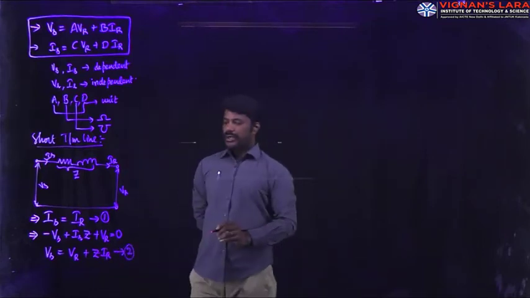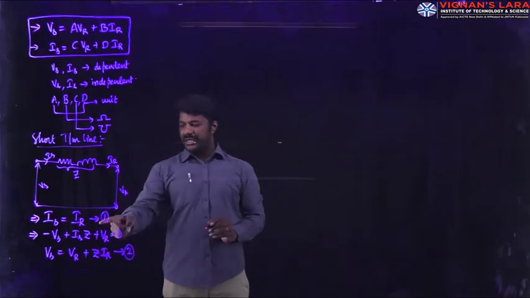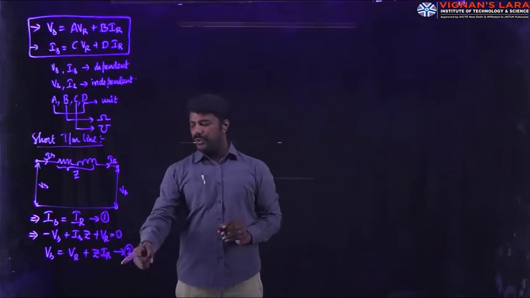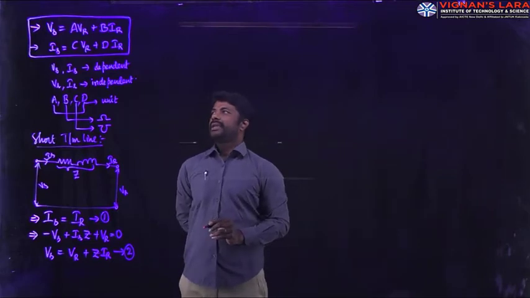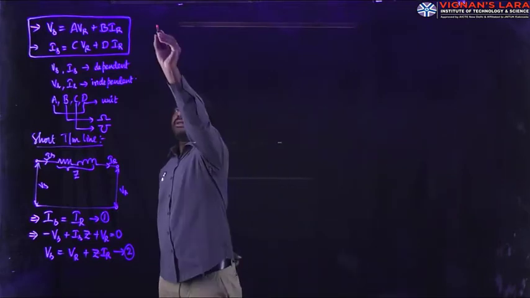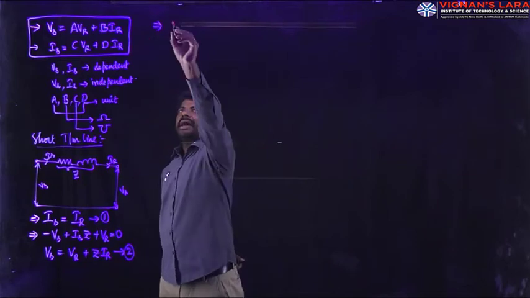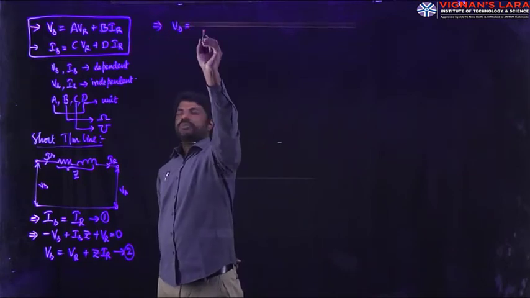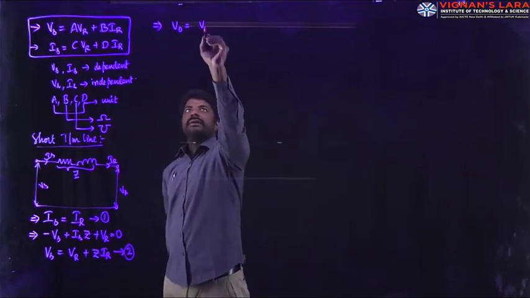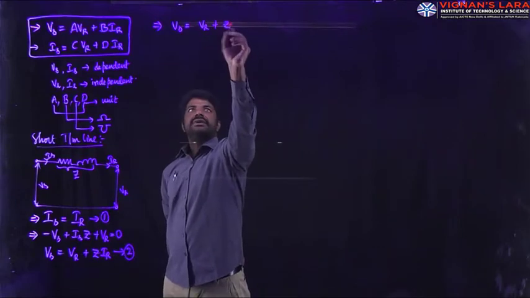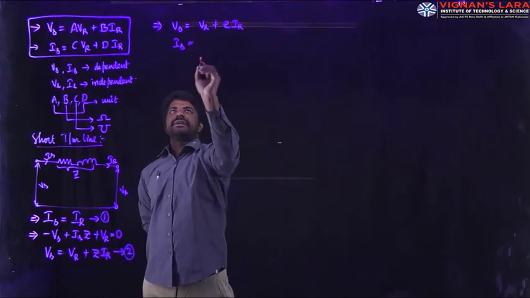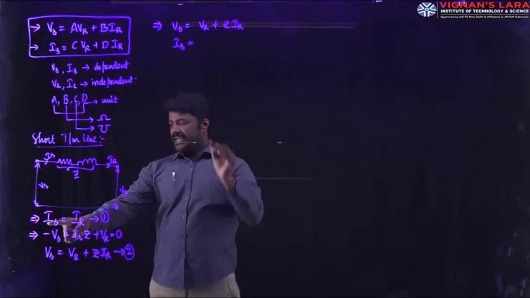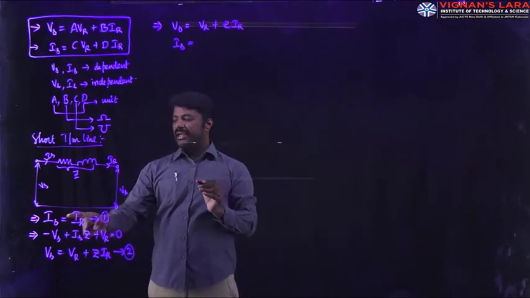So comparing equations 1 and 2 of this short transmission line with our performance equation of a two-port network, Vs, Is, we can write Vs is equal to VR plus Z into IR, and Is is equal to, since Is is equal to IR, the VR term is 0.